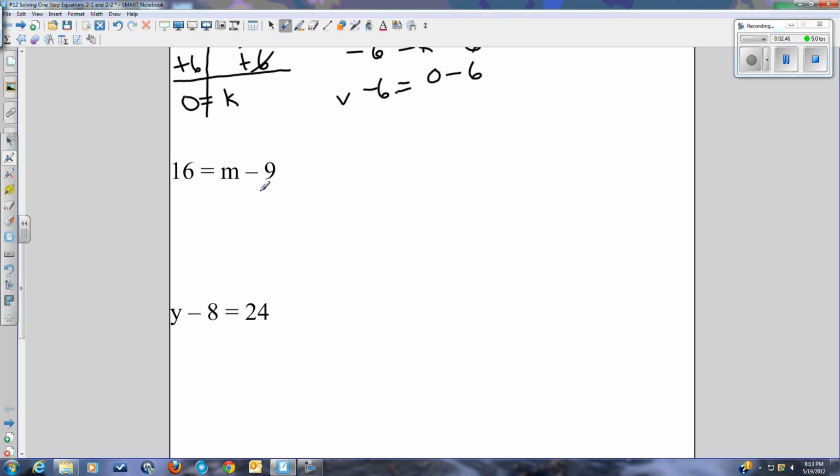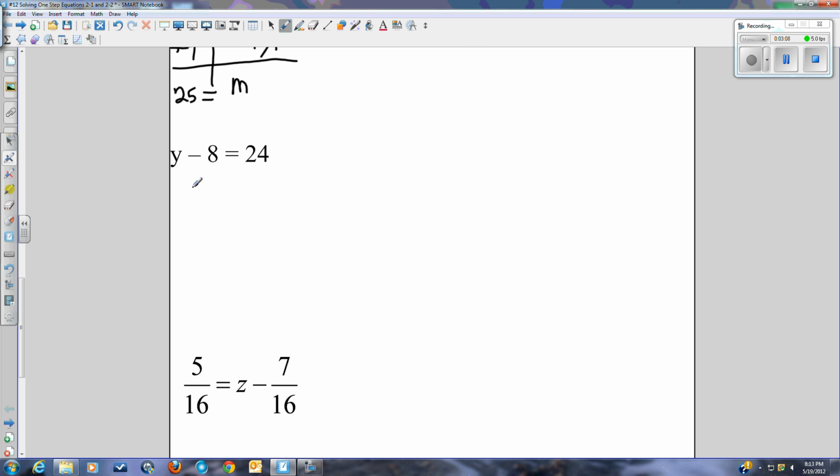Let's see about solving for m on this problem. 16 equals m minus 9. Draw your line down through. Add 9 to each side because the opposite of subtracting 9 is adding 9. The 9's cancel, and we're left with m equals 25.